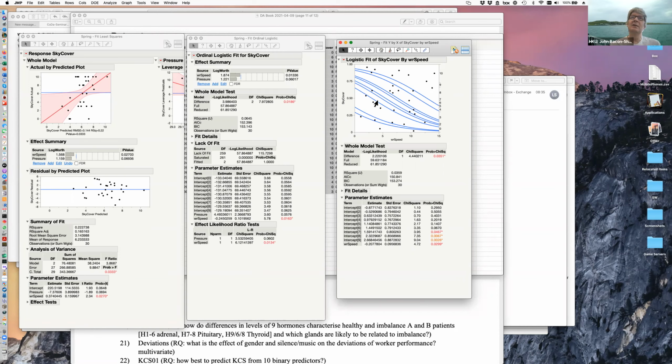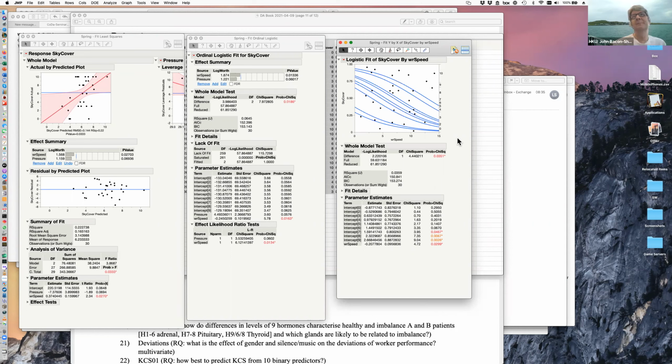Again, these curves are not parallel because we're showing them on the original scale, not the log scale. But on the log scale, these curves become parallel lines because we're assuming that the effect of wind speed is consistent as we move across the categories. So different intercepts, but a common effect from wind speed as we go across these different categories.